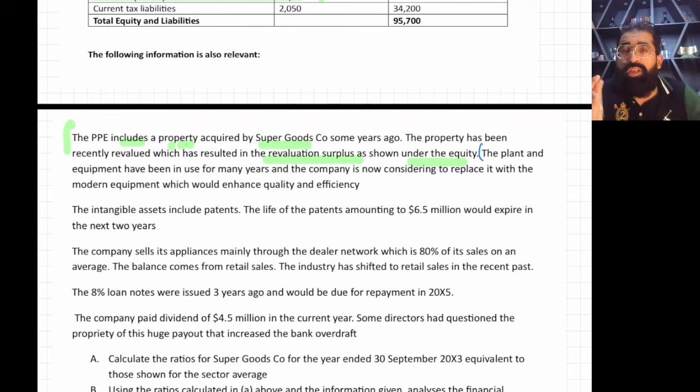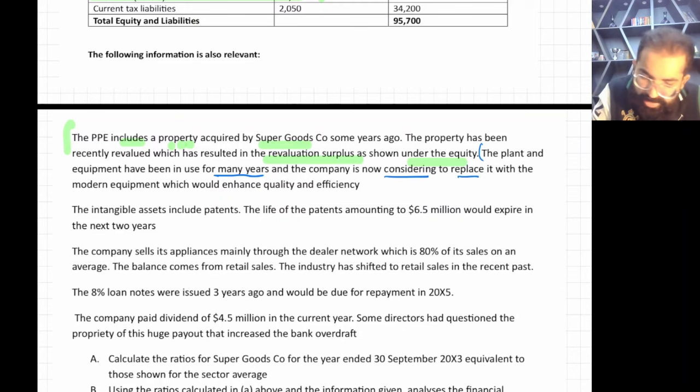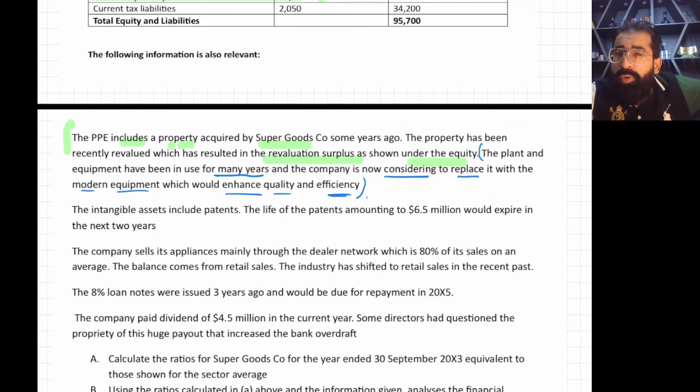The next point is the plant. Please be very careful. The plant and equipment have been in use for many years, so it's old, and the company is now considering replacing it with modern equipment which would enhance quality and efficiency. What does it mean? Your plant is very old, which means extremely highly depreciated.